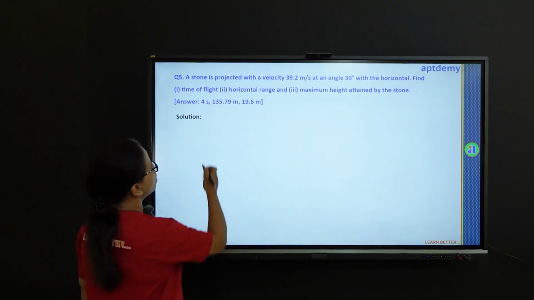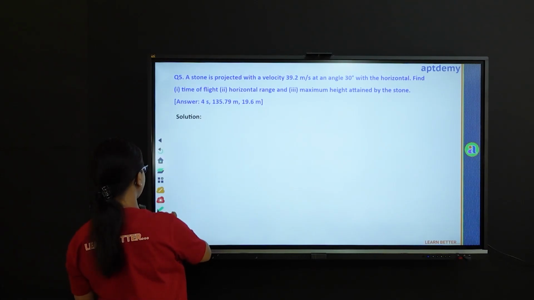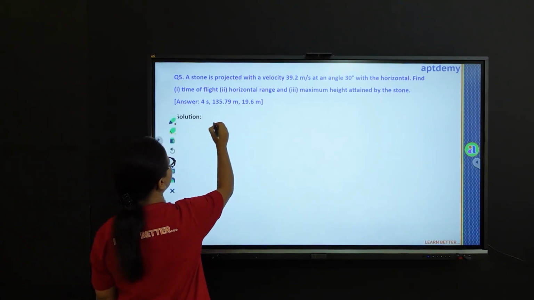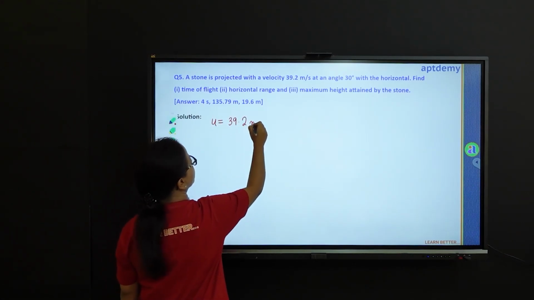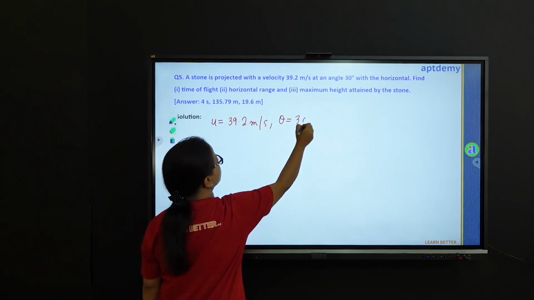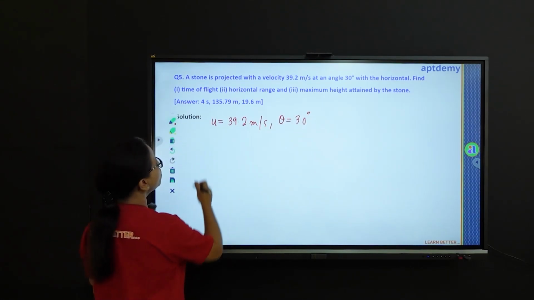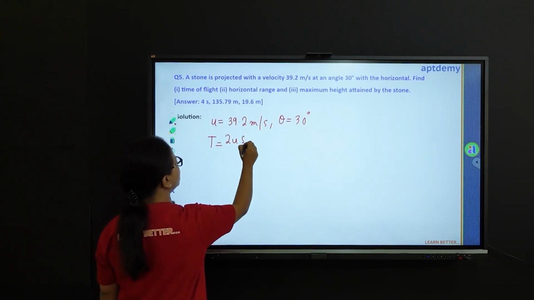So first, let us jot down whatever we have in hand. We have the initial velocity, u, which is equal to 39.2 meter per second. We have the angle of projection, theta, which is equal to 30 degree. Now the time of flight, t equals 2u sin theta by g.